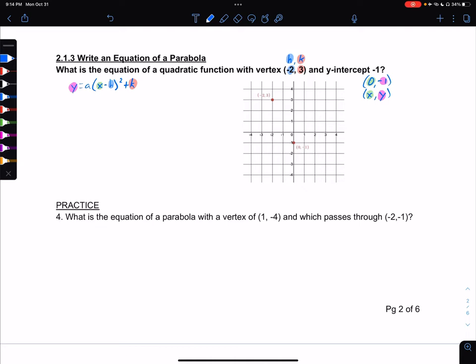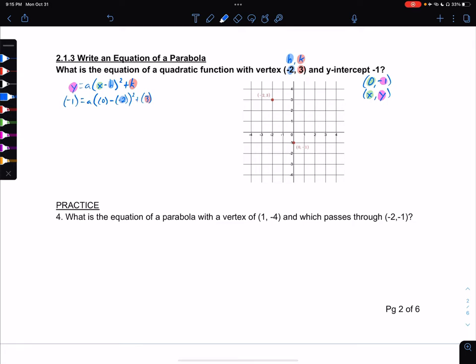Right, so plug these numbers in. y is -1. I recommend you always use parentheses when substituting, and that way you avoid some common mistakes. h is -2, and that's one of the common mistakes there, right? We're subtracting a negative, so we want to make sure that we apply those signs appropriately. And then my k value is 3.